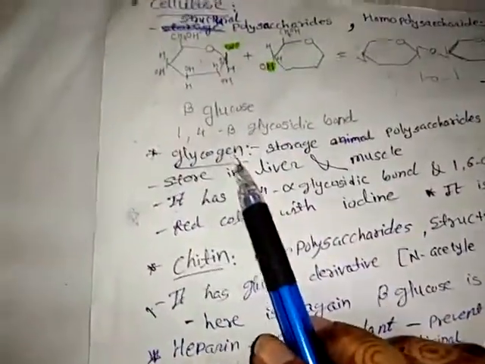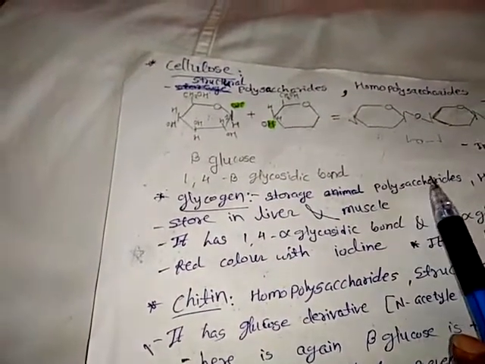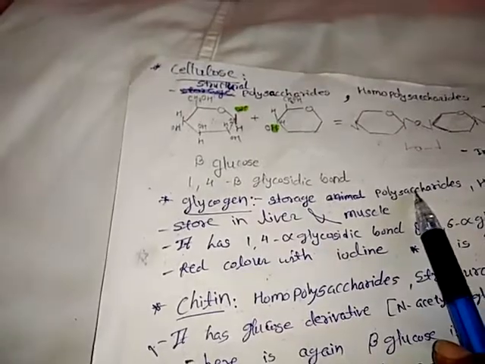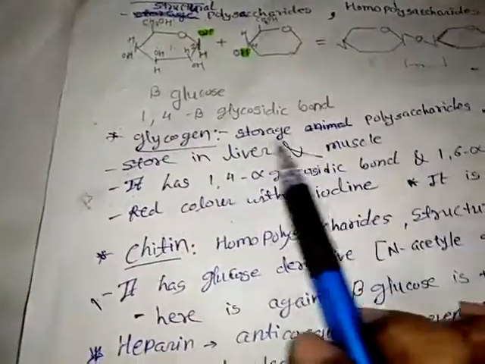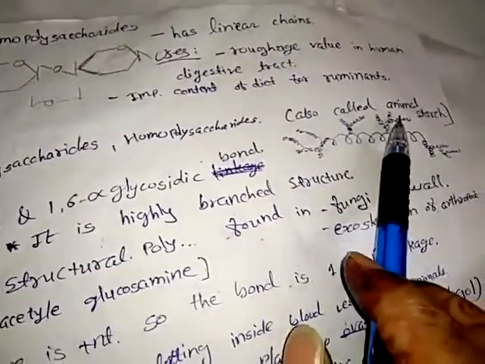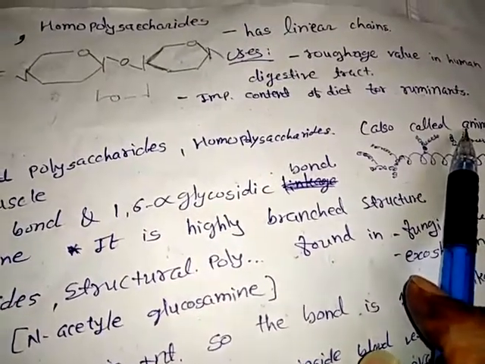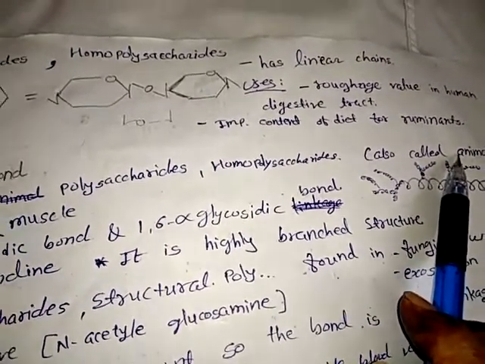Now glycogen is again a storage polysaccharide but in animals, whereas starch is a storage polysaccharide in plants. So glycogen is also called animal starch, because it is a storage polysaccharide found in animals and stored in the liver and muscle.